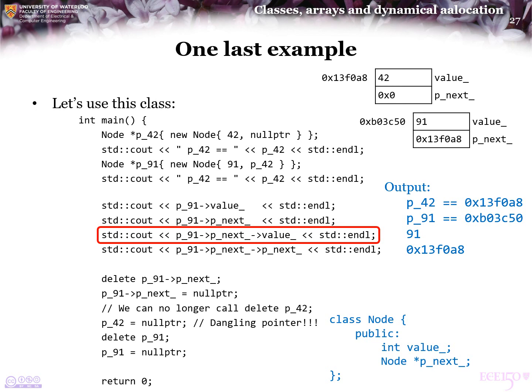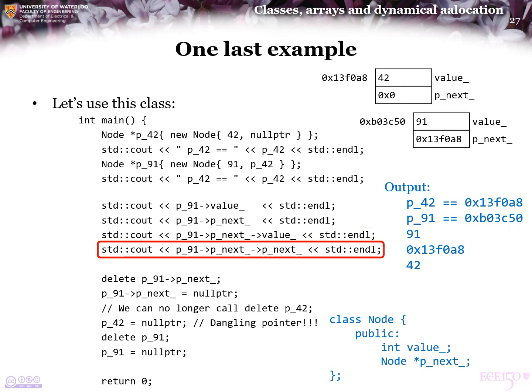So the value at that address is 42. So that's going to print 42 to the screen. Also, the pNext value at the pNext value of P91 is the null pointer. So that's going to print 0.